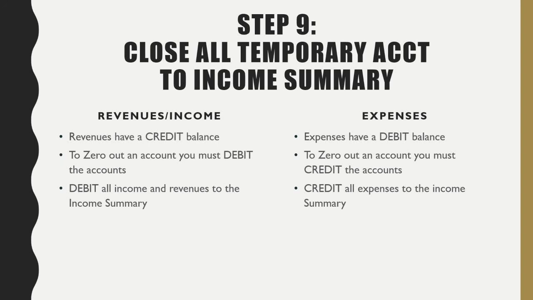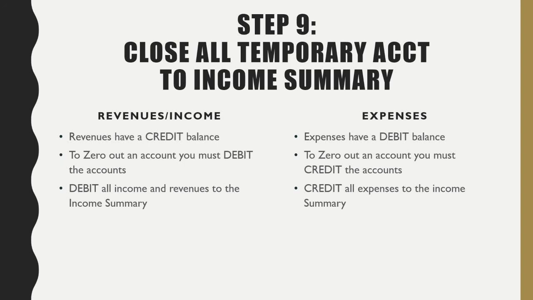Now, once we close it out to income summary, what does that mean? In simplest terms, when we originally look at our revenues, we typically credit the accounts, because that shows we're increasing our revenues.